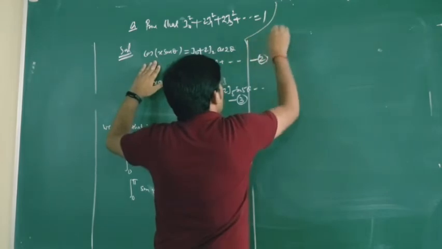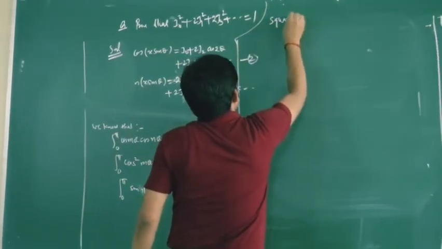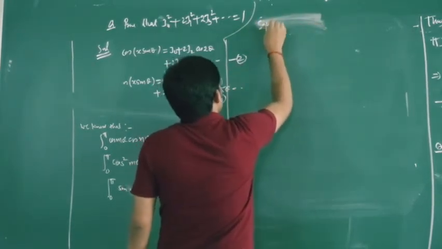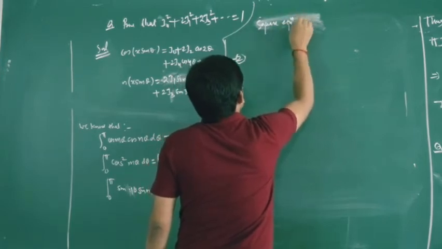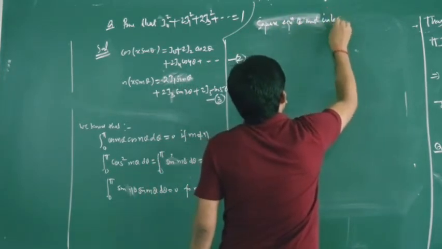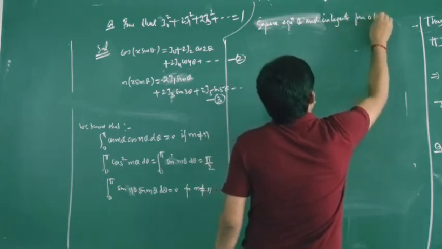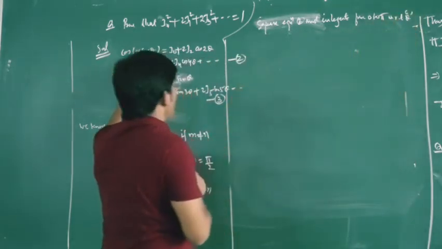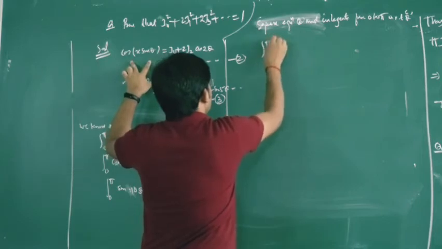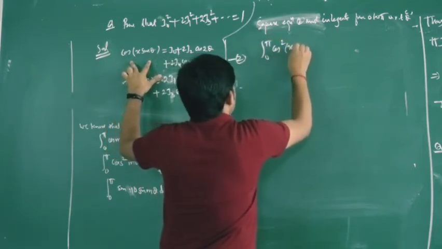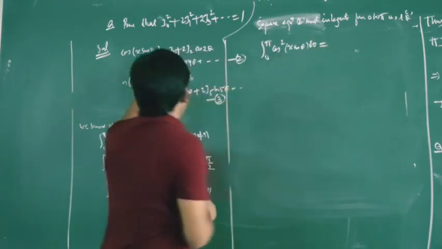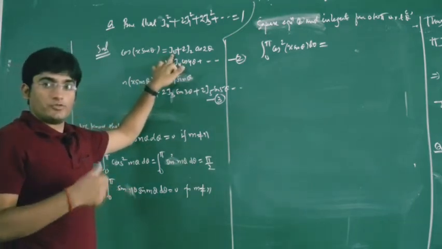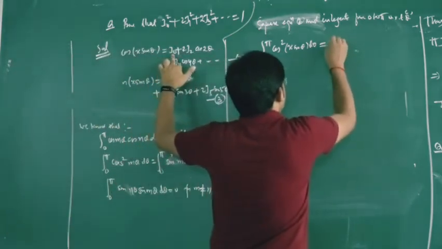So, squaring equation number 2 and integrating from 0 to pi with respect to theta, we will get cos square of x sin theta d theta in the left hand side, and in the right hand side this will be J0 square, and as we are integrating with respect to theta from 0 to pi, we will have pi into J0 square.